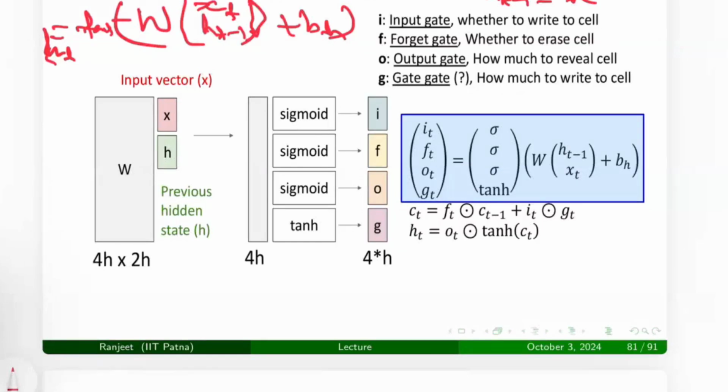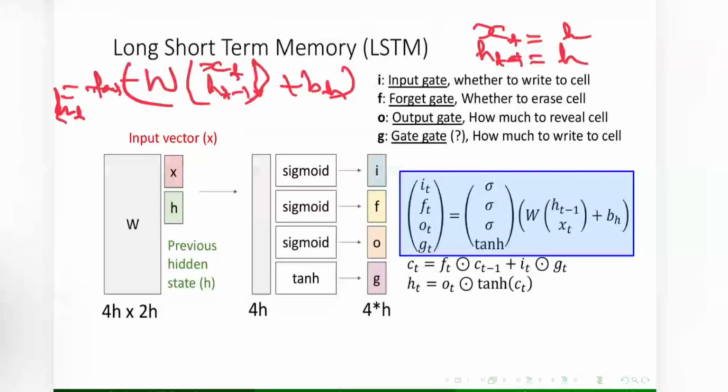Now if I ask you what would be the dimension of this, XT has H dimension and HT minus 1 has H dimension. Then in totality, since you have put them in a single column, it has dimension 2H into 1.